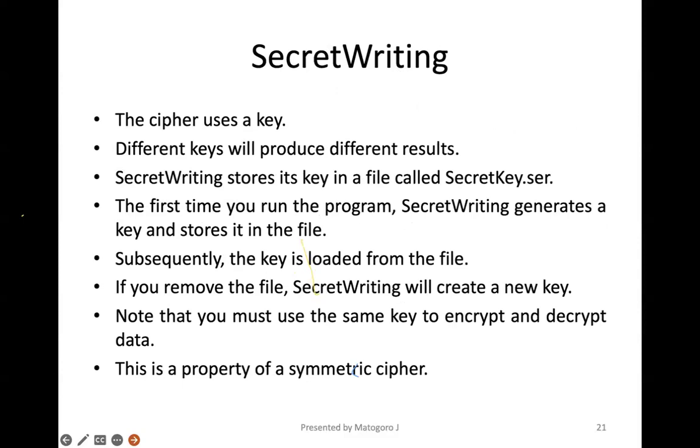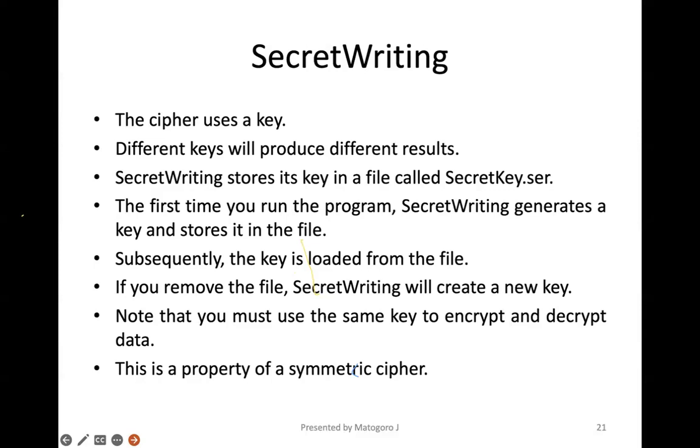Secret writing stores its key in a file called secretkey.ser. The first time you run the program, secret writing generates a key and stores it in the file. Subsequently, the key is loaded from the file. So if you remove the file, then secret writing will always create a new key.